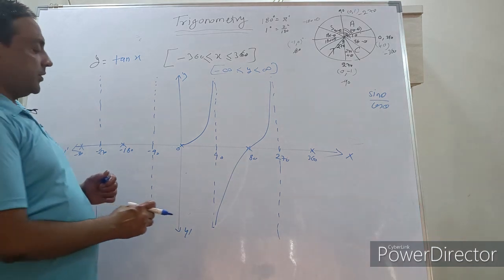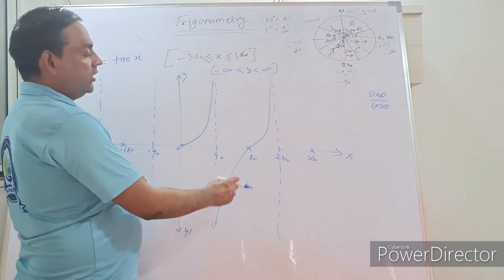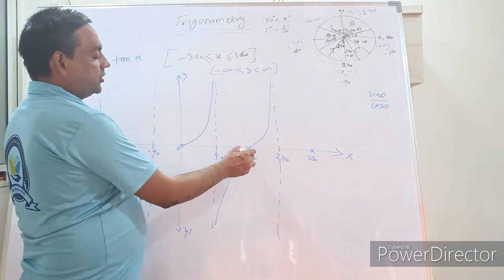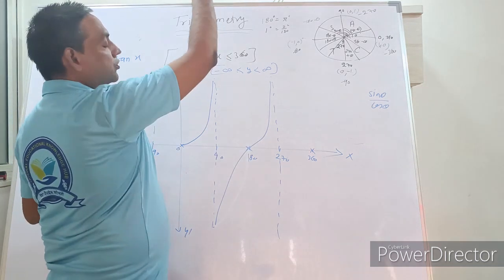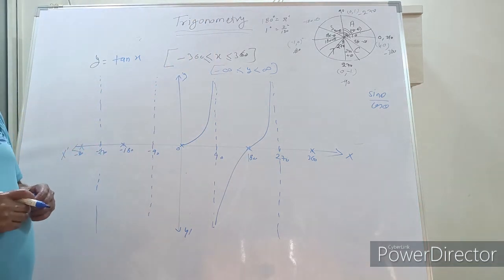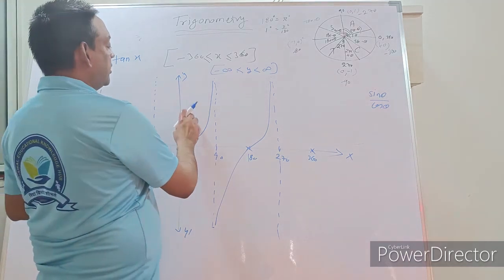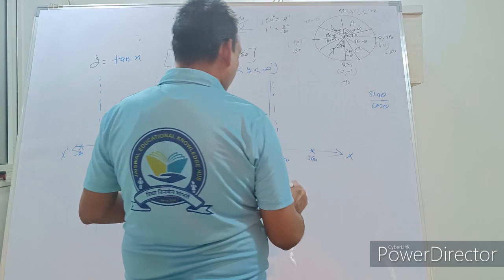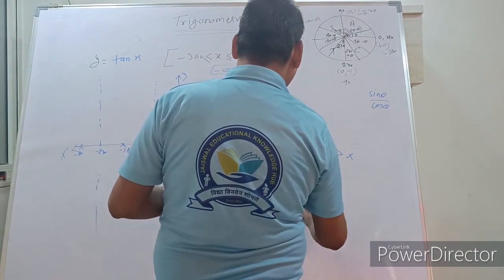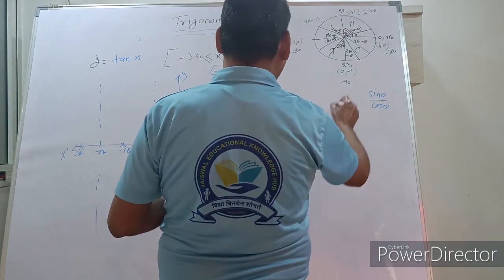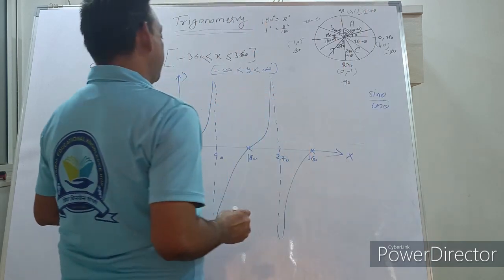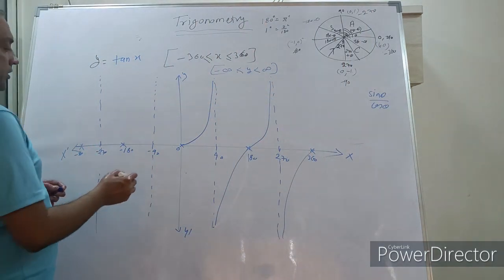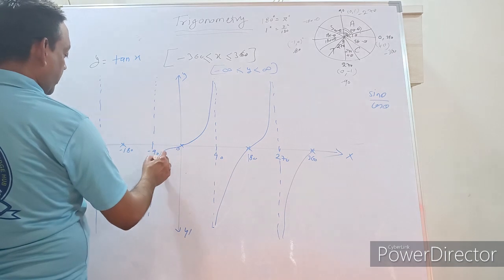So it will start from minus infinity, come to 0, and then from 0 it will go toward infinity. So in the first quadrant it is positive, in the second quadrant negative, in the third again positive, and in the fourth again negative. And it can go positive again in the next quadrant, and here again it will go like this.